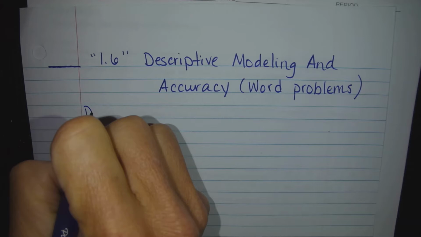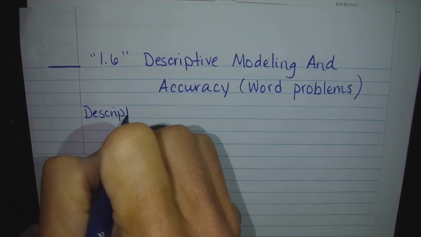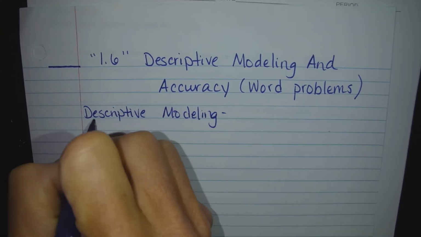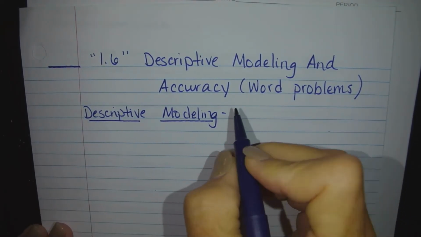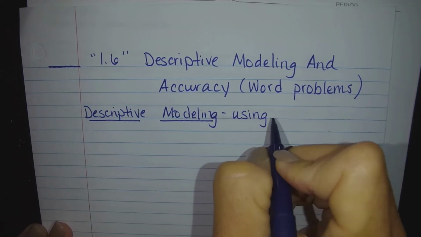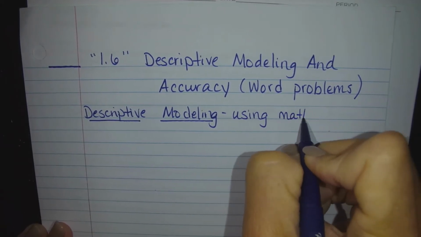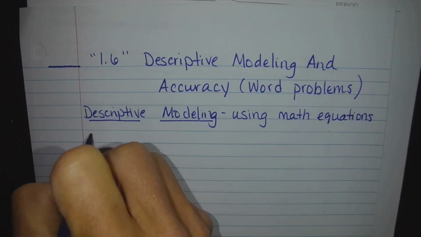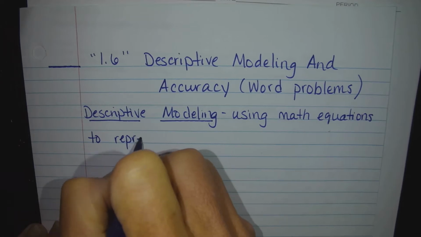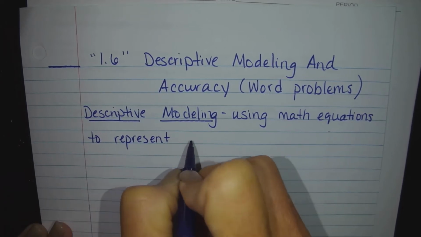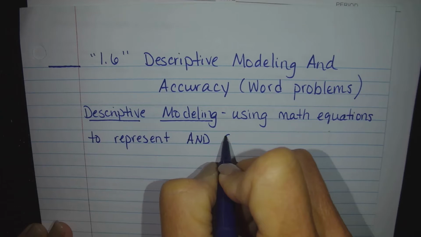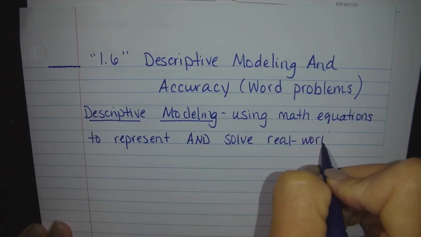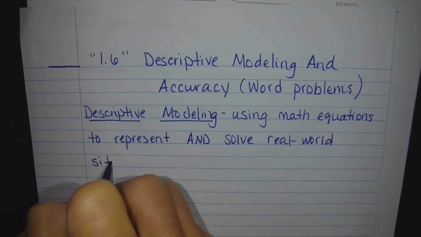All right, the first one is this, descriptive modeling: using math equations to represent and solve real world situations.